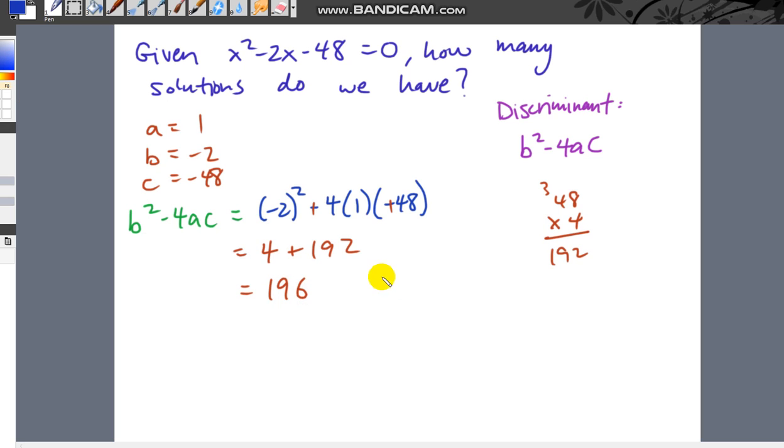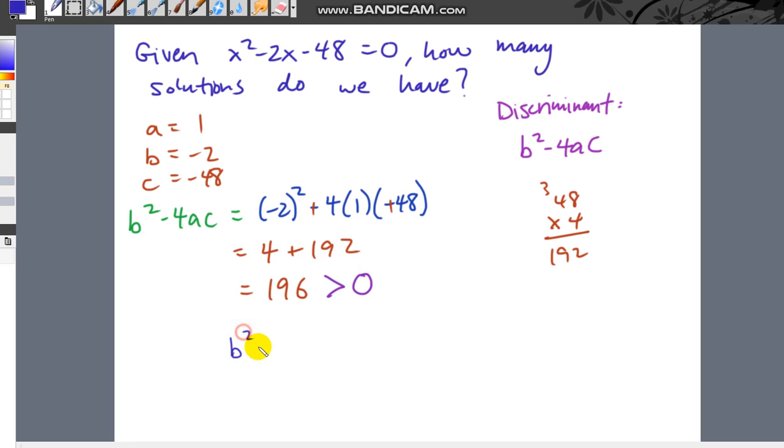So now the question is: is this greater than 0? Is this equal to 0? Or is it less than 0? Okay, so what I see is, well, 196 is a positive number. That is greater than 0. So based on the rule for the discriminant, right?